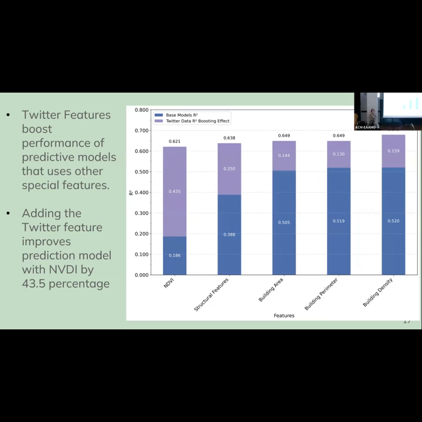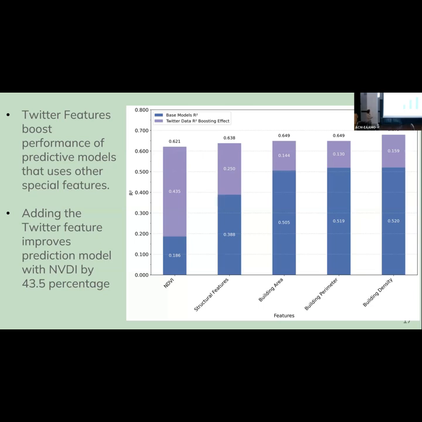One thing that I also found interesting is that Twitter itself can predict poverty, but it can also help other features predict poverty. So we use satellite imagery and building footprints from OSM, or NDVI, the greenness index from satellite imagery, normalized difference vegetation index, and see how much Twitter can boost their prediction performance.